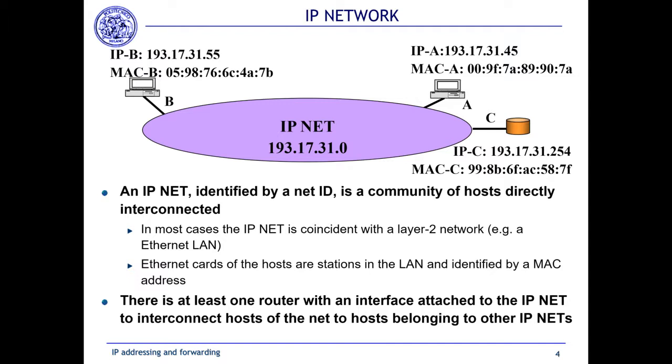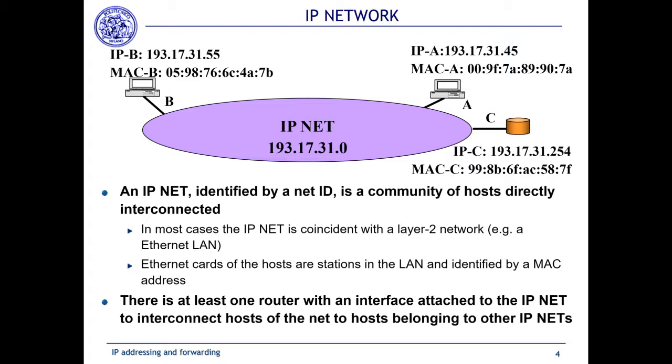Routers are not... you cannot say that a router belongs to an IPNet, because by definition, the router must have at least two or more, usually more, network interfaces. So one interface of a router is connected to a specific IPNet. The other interfaces must be connected to other IPNets.